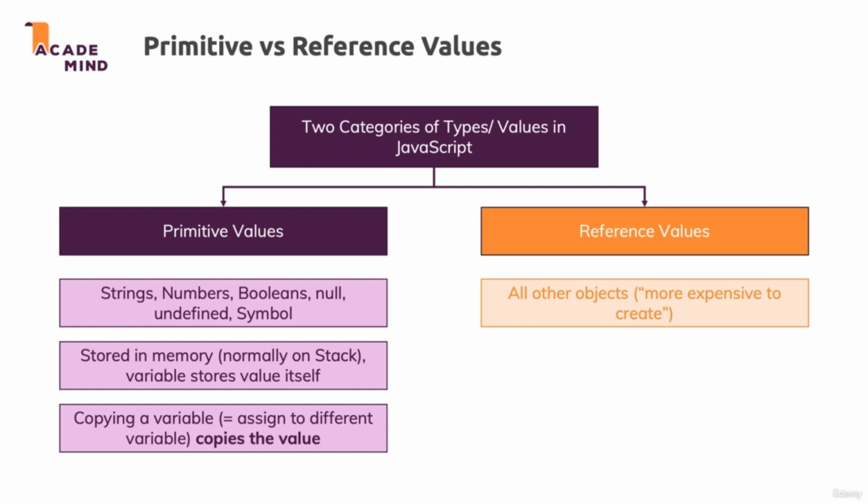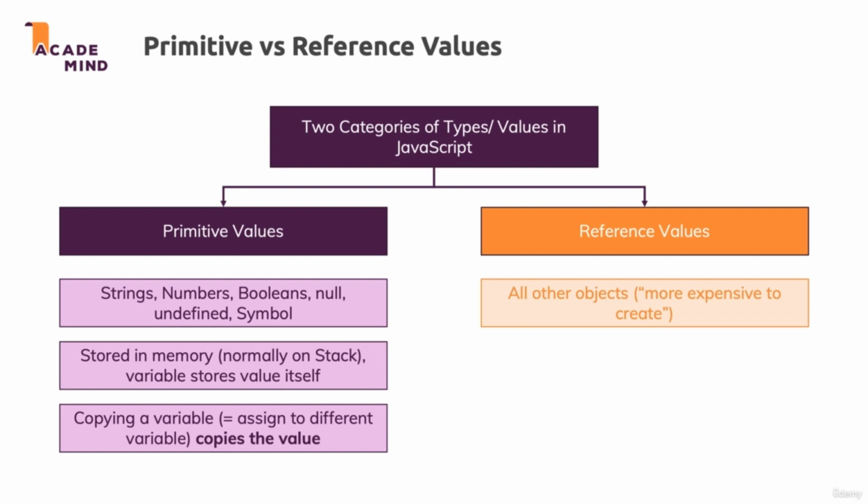Now, all real objects, which always stay objects, are handled differently, because they're more expensive to create, you could say. A real object, which you create on your own, or which might be built into the browser and exposed to you, like that Math object where we also called the random function earlier in the course.